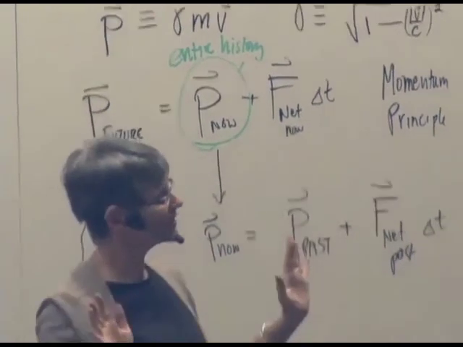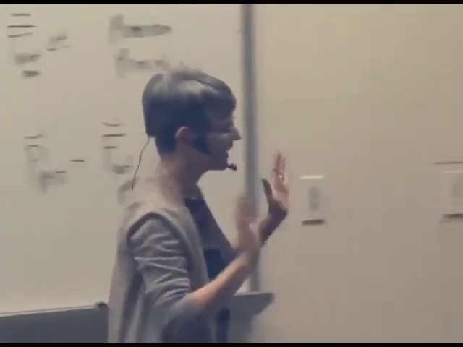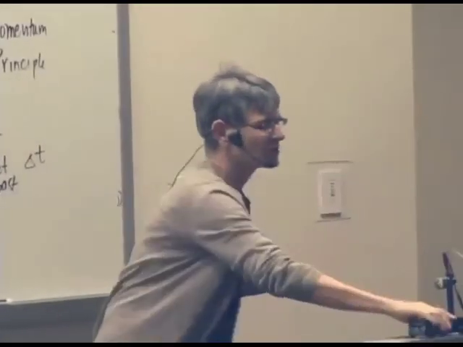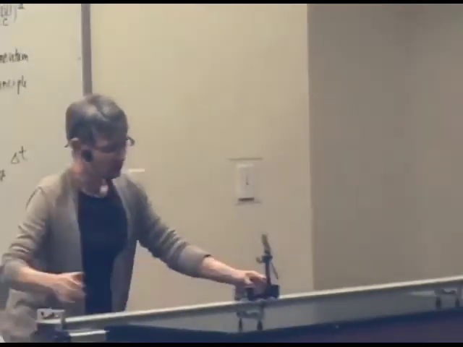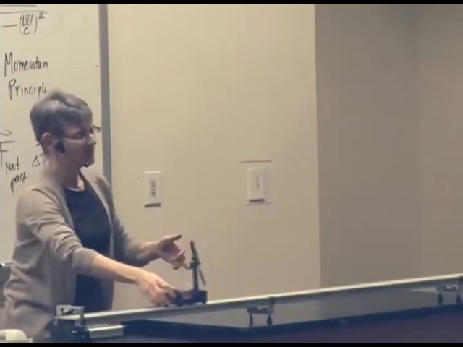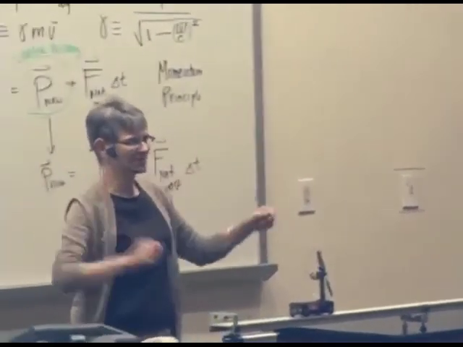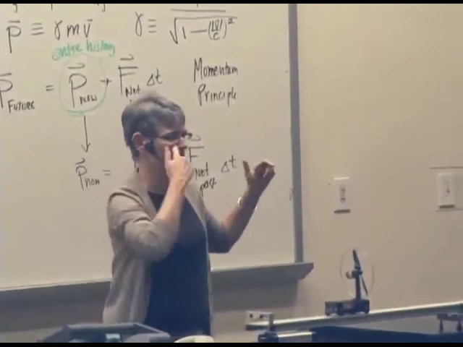And it's really a good thing. We don't need to know everything that happened to it in order to predict its motion. Because if we had to know that a minute ago it was going that way, but then I stopped it and I moved it that way, it would be hopeless. We'd never be able to predict the motion of anything.